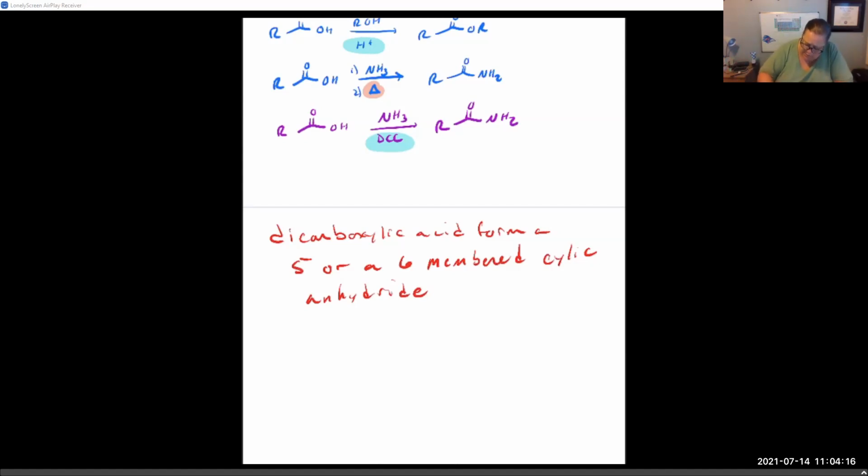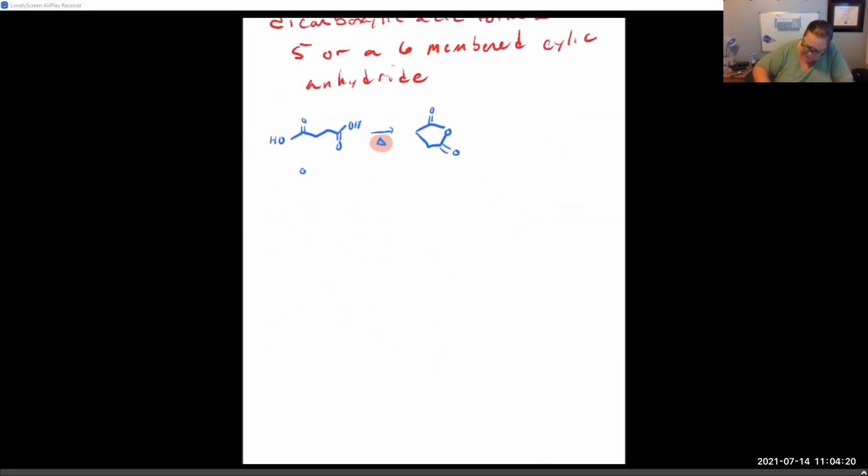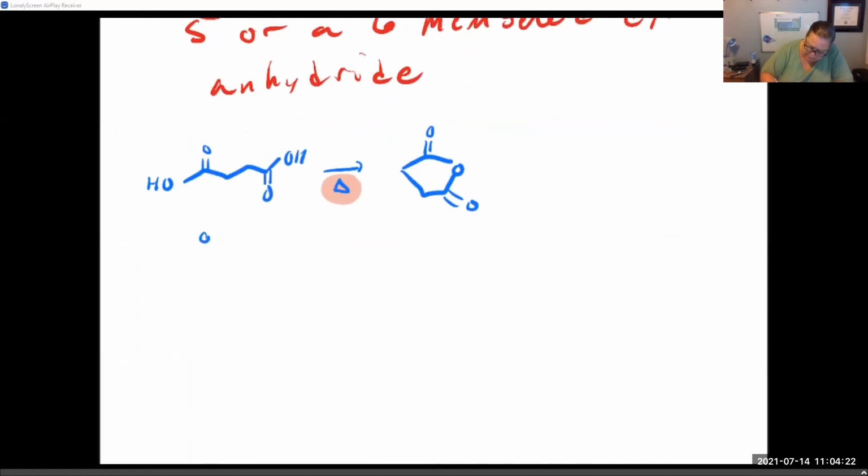But to be fair, this isn't anything that we really haven't seen before. The first thing we're going to do is add heat. And the purpose of the heat is to allow free rotation. Now, this is how your book shows it.